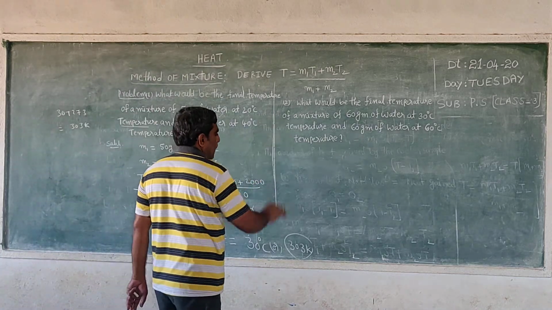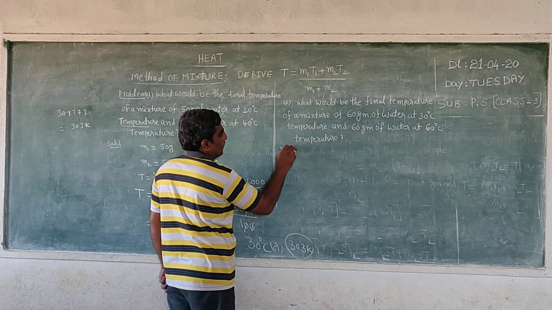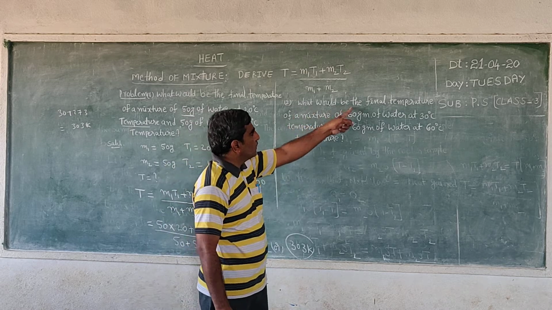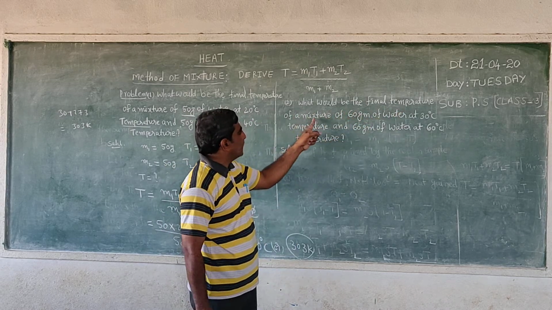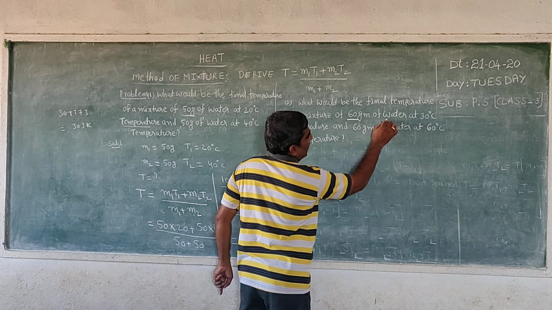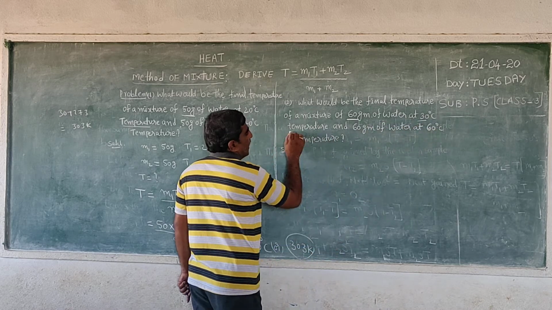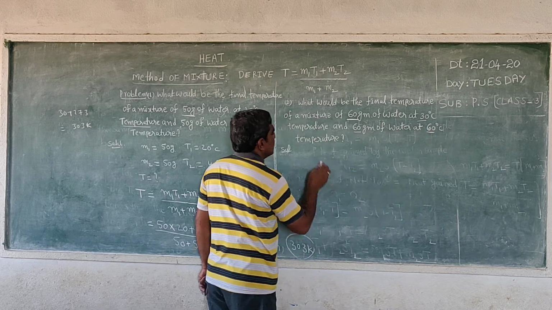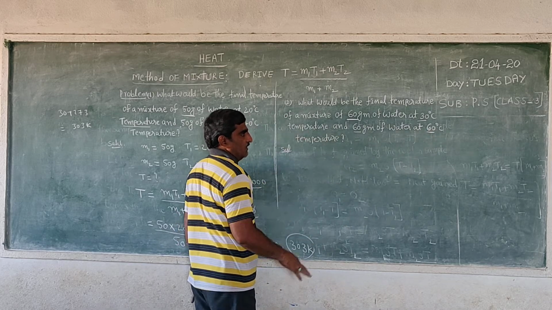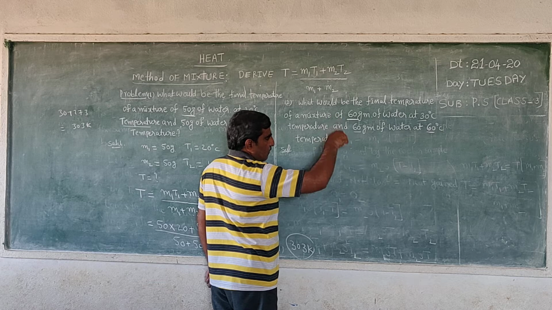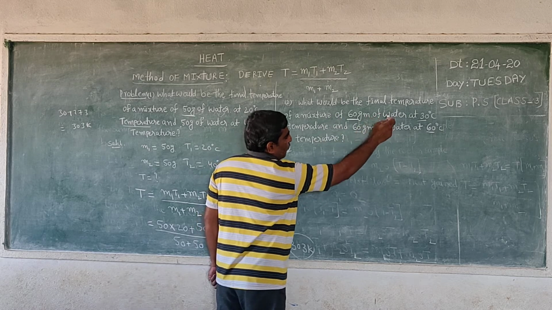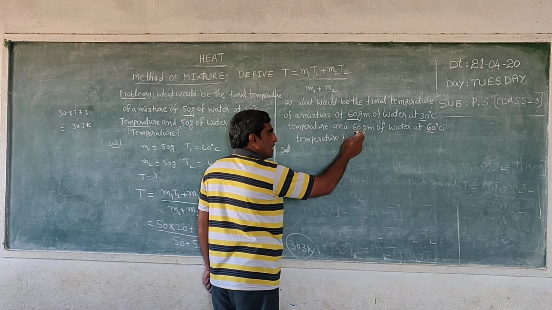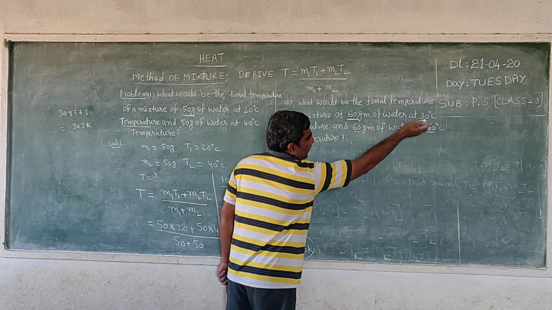So we can solve the other problem. What would be the final temperature of a mixture of 60 grams of water at 30 degrees Celsius and 60 grams of water at 60 degrees Celsius? To find the final temperature of the mixture, in the given problem the substance is water, the mass of the substance is the same but the temperatures are different.